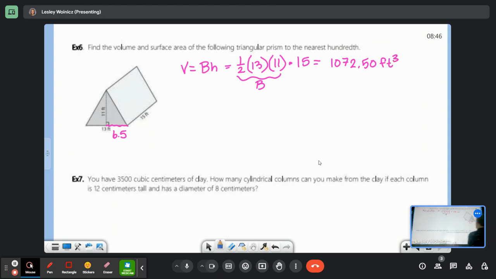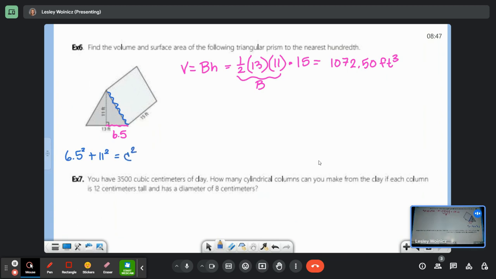Okay. All right, so for the surface area, in order to find the area of these lateral faces, we need to know what this dimension is, right? Yeah. Okay. So we have to do A squared plus B squared equals C squared. So we're doing 6.5 squared plus 11 squared equals our C squared.